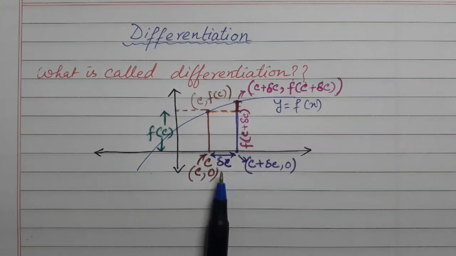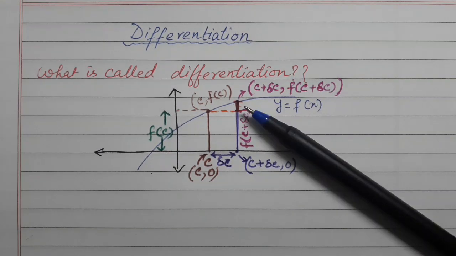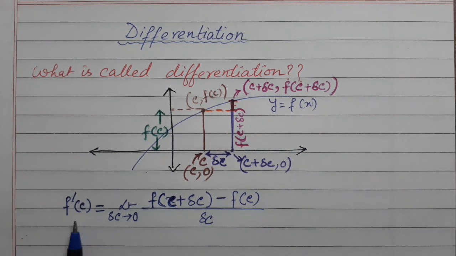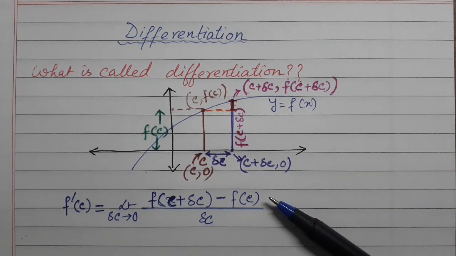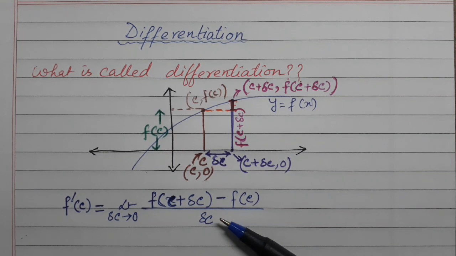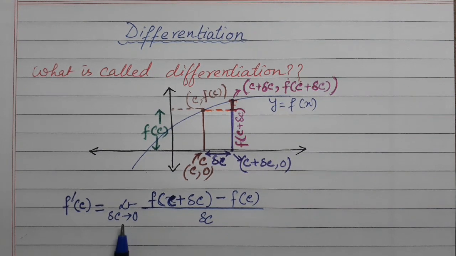Now we can note that for the small change in x, there is a small change in the functional value of f(x), and that change is f(c + delta c) minus f(c). Hence, the differentiation of the function f at x equals c means the small change in f or y divided by the small change in x, when the change in x is infinitesimally small.